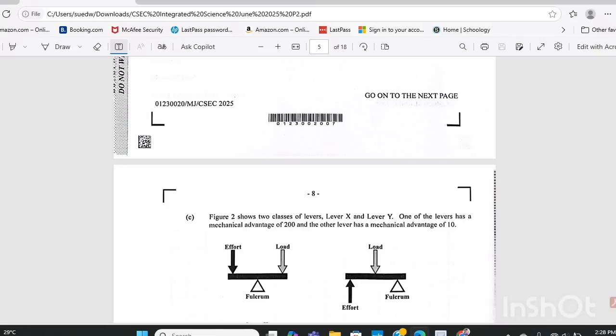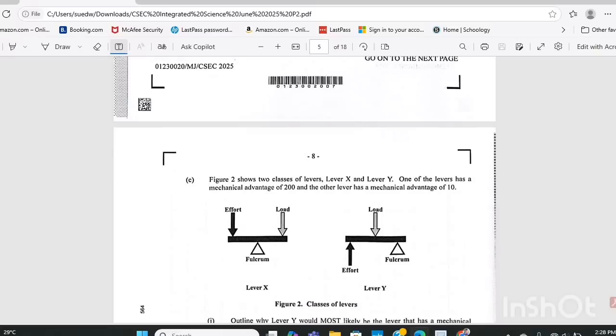It's very easy. However, if you are not familiar, then it can pose a challenge for you. So figure 2 shows 2 classes of levers, lever X and lever Y. One of the levers has a mechanical advantage of 200 and the other lever has a mechanical advantage of 10.